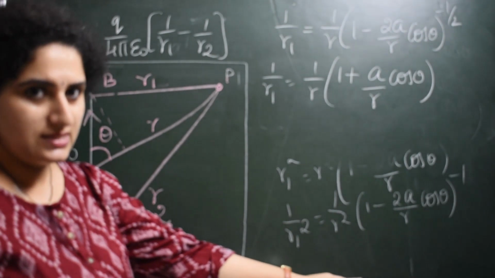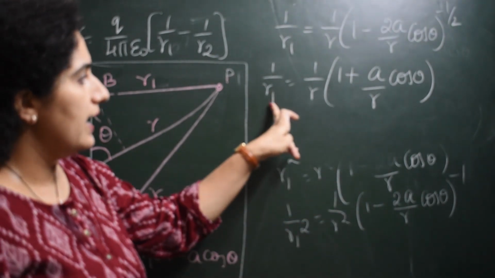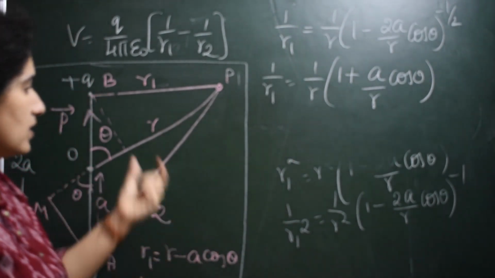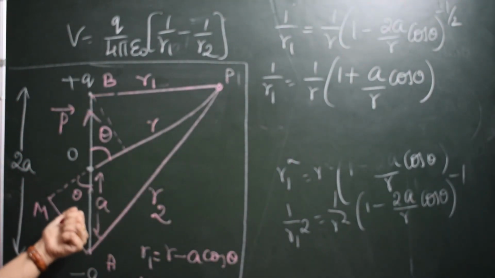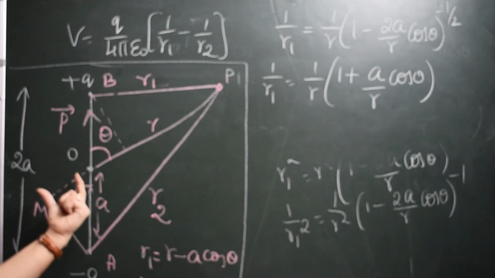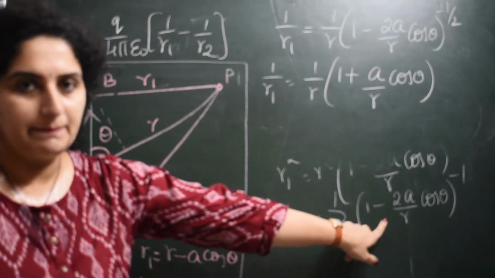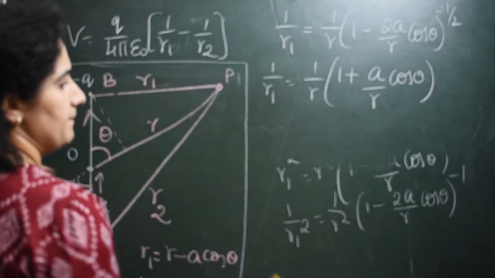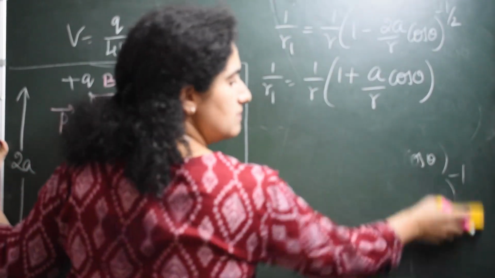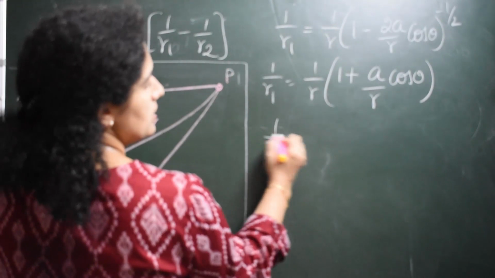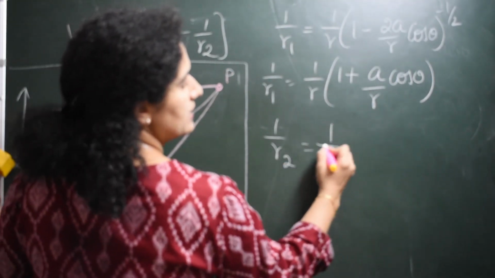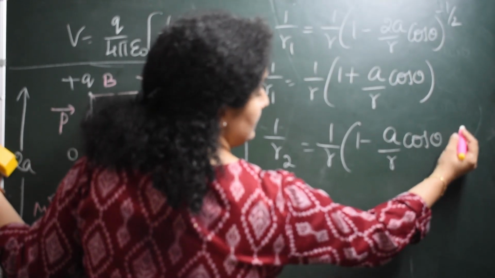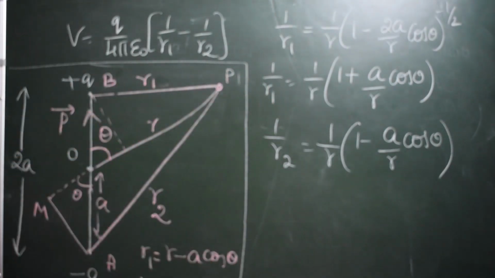Same concept you have to use. Instead of R1 you have R2, and R2 is what? R plus A cos theta. This much is extra, so it is plus. That is why you get here plus, but here you will be getting minus sign. Same steps you have to follow for that also. So 1 by R2 you will get as 1 by R into 1 minus A by R cos theta.